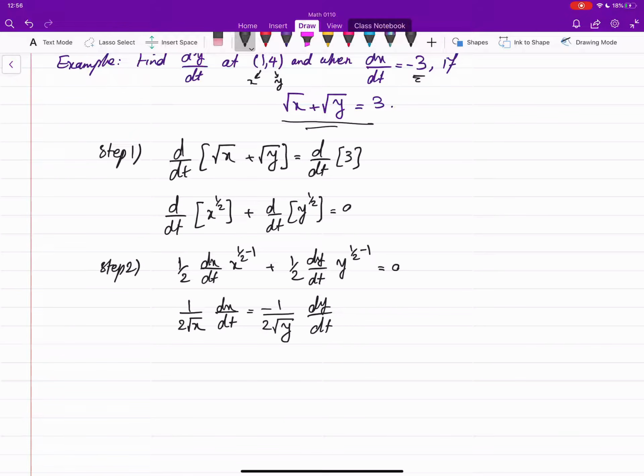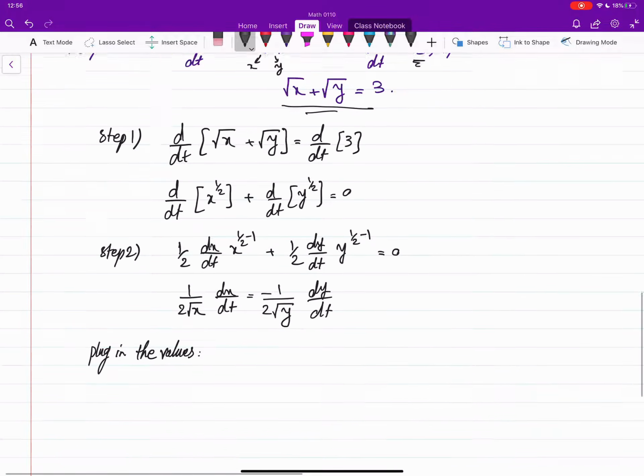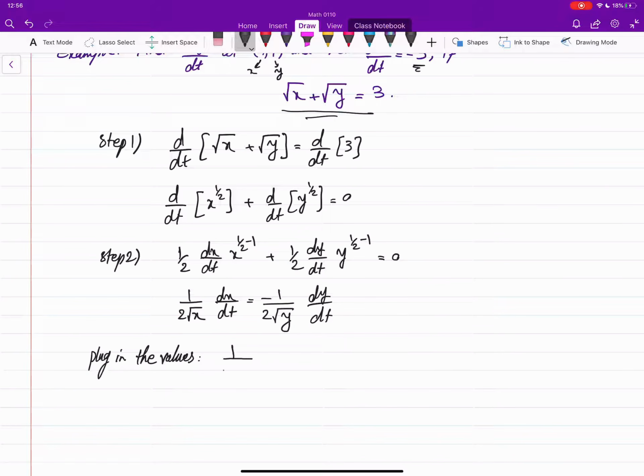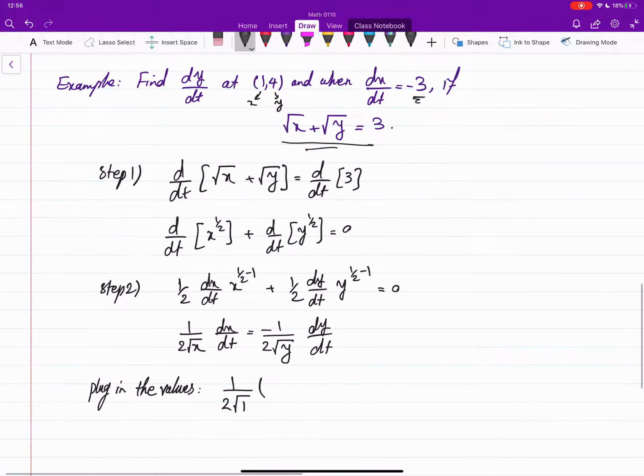So this is now written in a better way. So now we plug in the values. Here we have x is 1, so it is 1 over 2 root 1, dx dt is -3, equals -1 over 2 root y, y is 4, and dy dt, we don't know what's that.